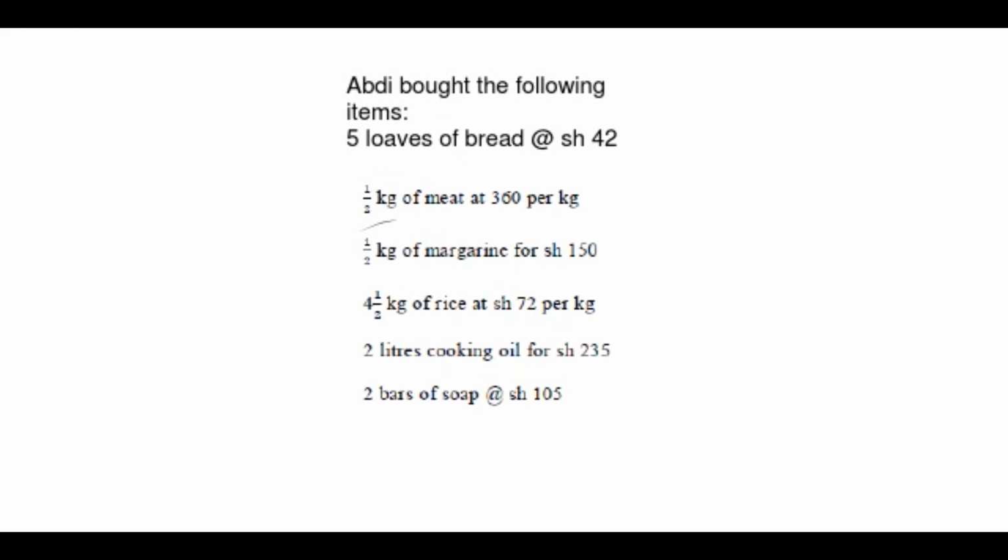Then 4.5 kg of rice at 72 shillings. 4.5 is the same as 9 over 2 kgs.